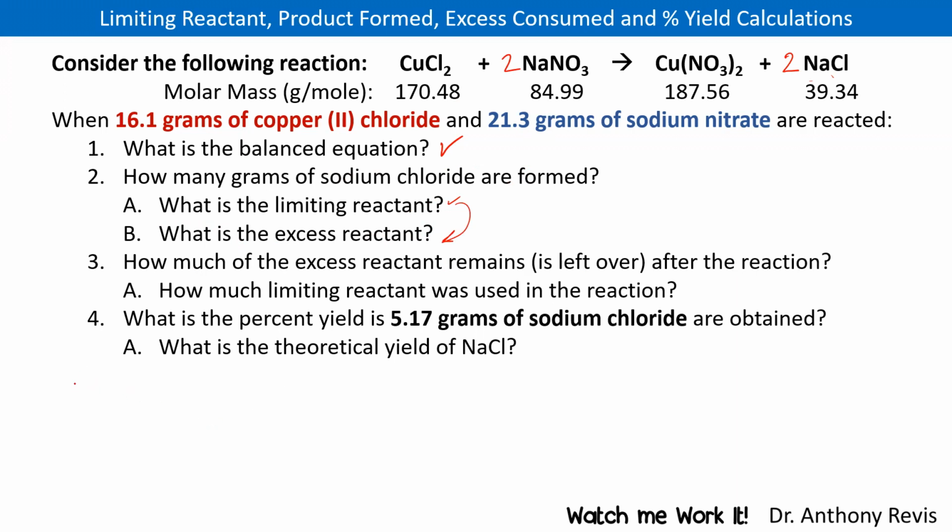So let's do a couple of givens. First given is 16.1 grams of copper 2 chloride. We set up a dimensional analysis relationship. Grams copper 2 chloride on the bottom to moles of copper 2 chloride. And we continue this dimensional analysis to moles copper 2 chloride.